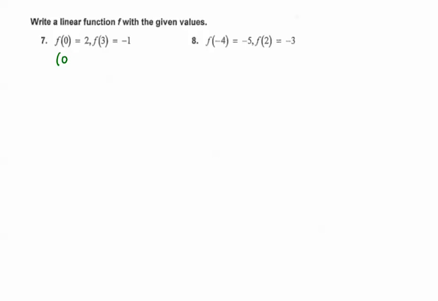So f of 0 equals 2 means 0, comma 2. F of 3 equals negative 1 means 3, comma negative 1. Label them x1, y1, x2, y2.